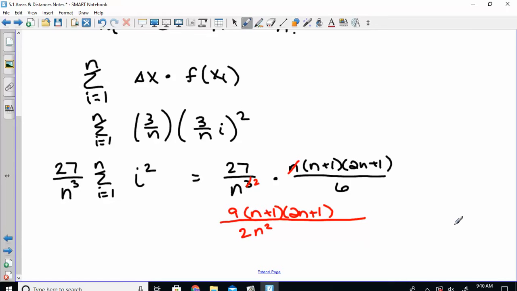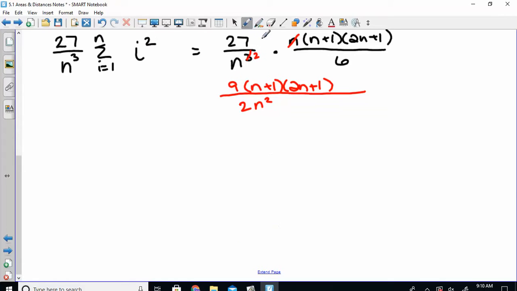What should we do here? Well, can I FOIL and distribute my 9 at the same time? So 2n squared times 9, so 18n squared plus 3n times 9 plus 9.